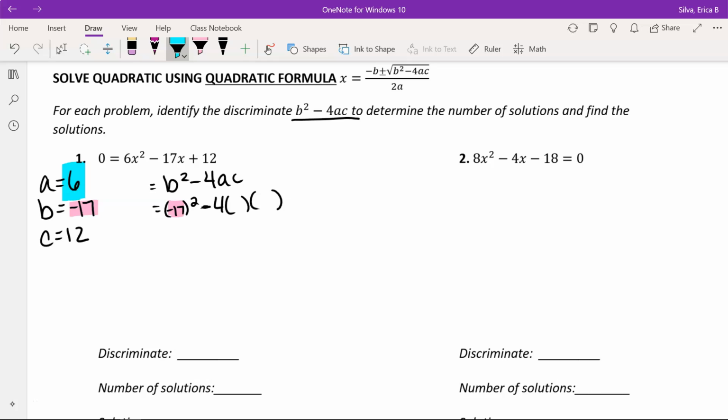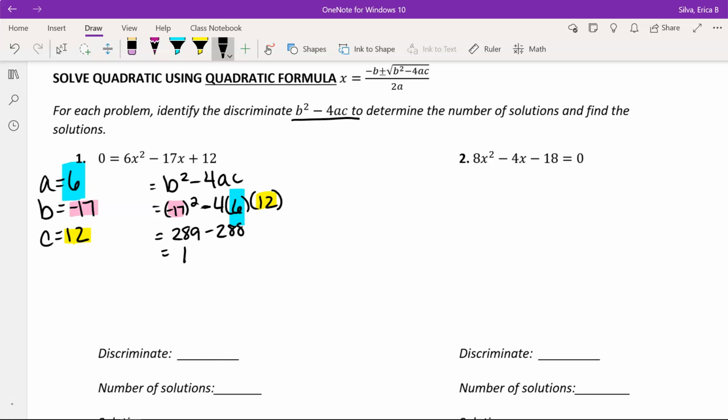Then we've got a, which is 6, and then we have c, which is 12. So if we do 17 squared, we get 289 minus 288, and that gives us 1.